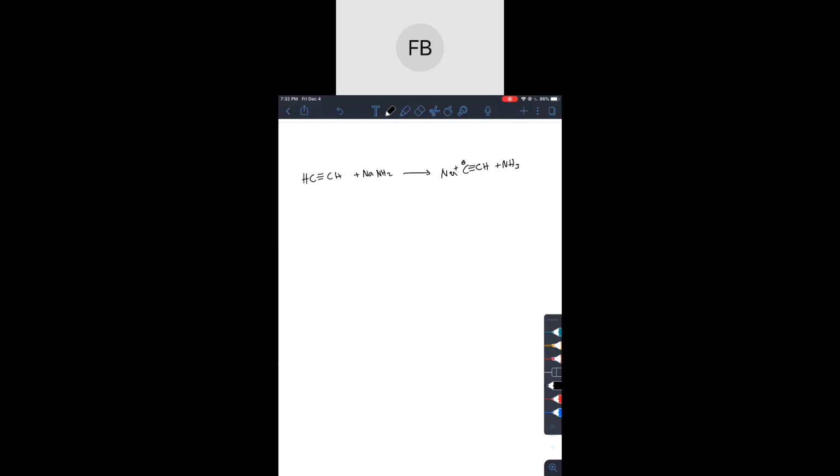If he asks you which direction, or he'll probably say something like, are products or reactants favored?